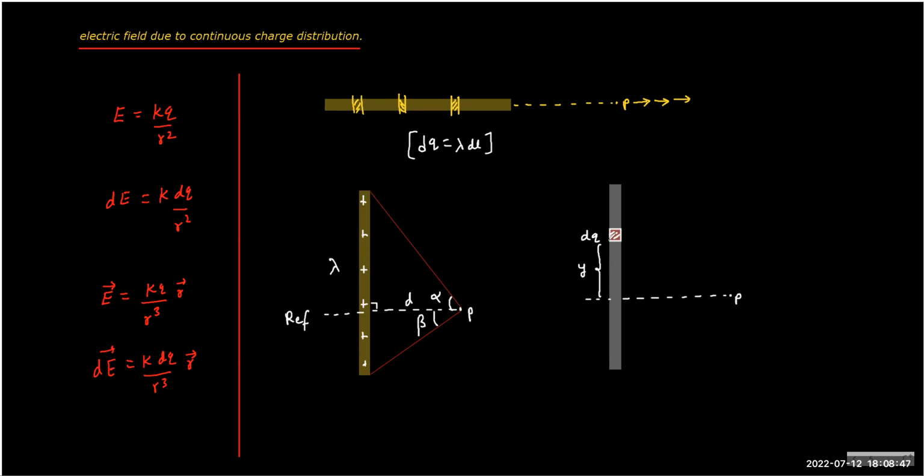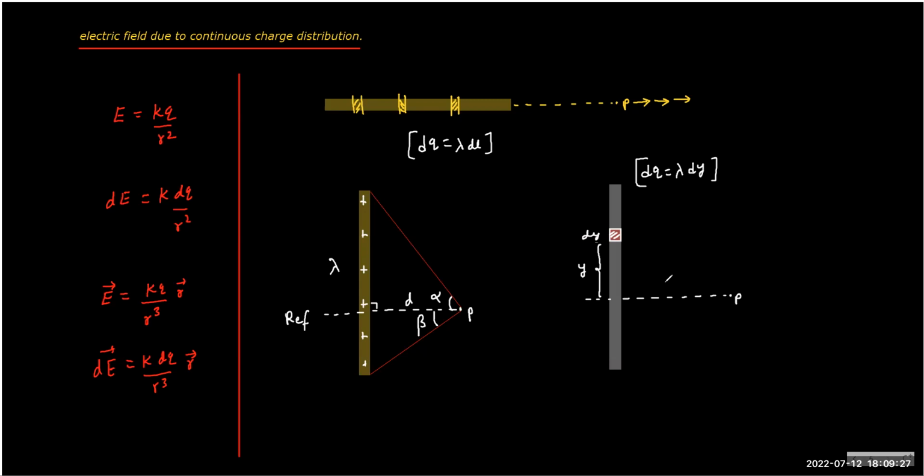So let's say you have moved y and you have cut dy. And because it's a very small piece dy, what will be dq here? The dq must be lambda dy, correct? Because on a unit length we have lambda charge, so in the length of dy the charge is lambda dy.